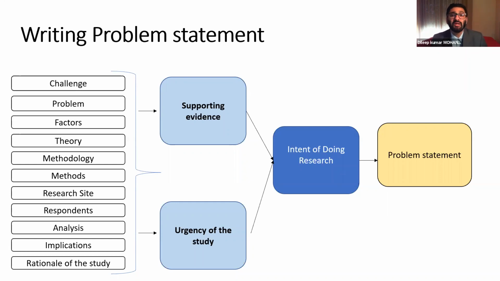What are the challenges they are facing? Their challenge is your reality, and there lies a problem. So you write around 1 to 2 sentences about the challenges that are leading to a problem.